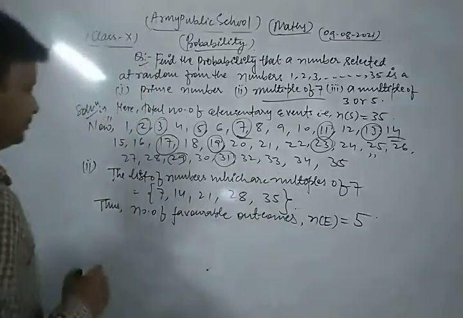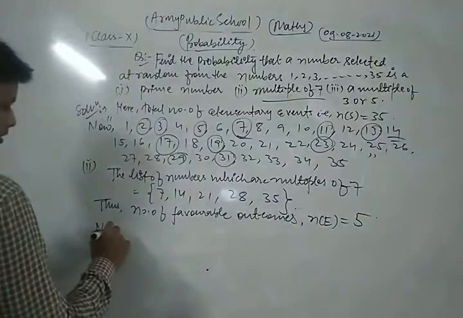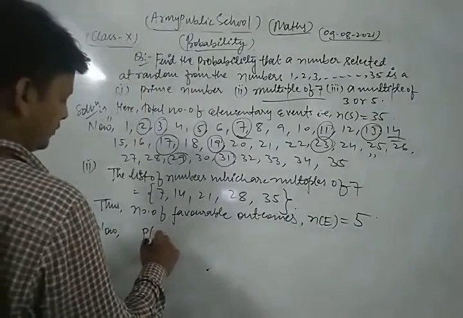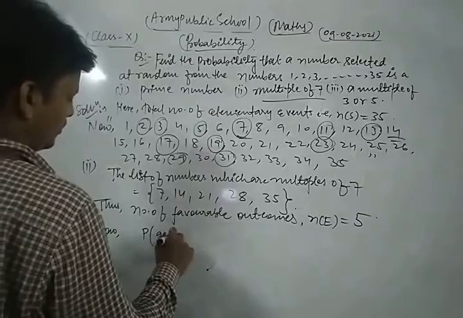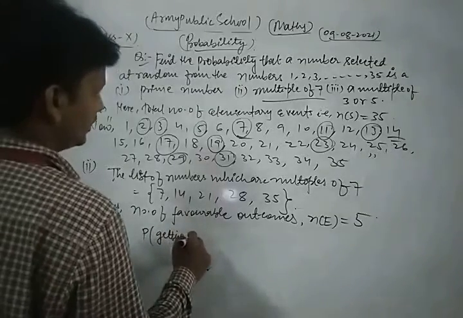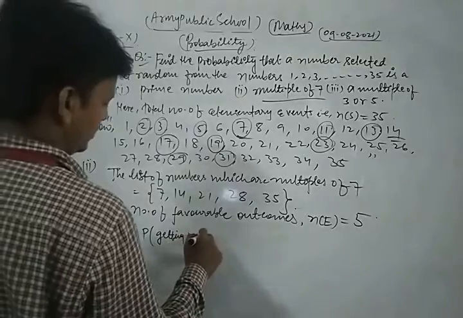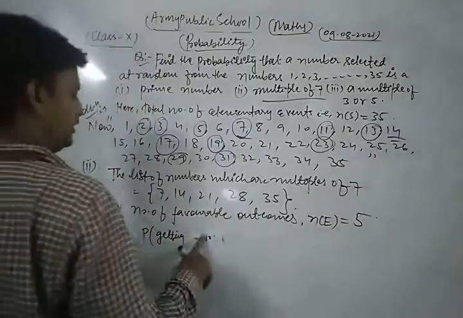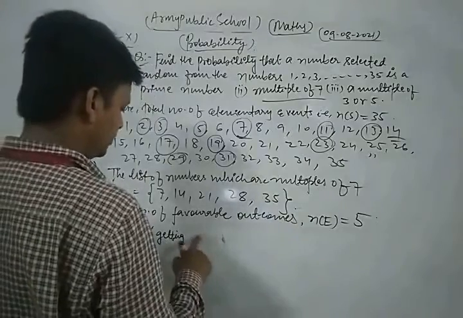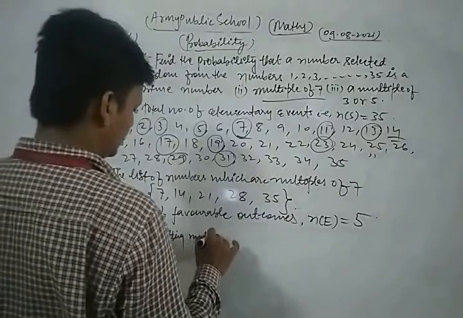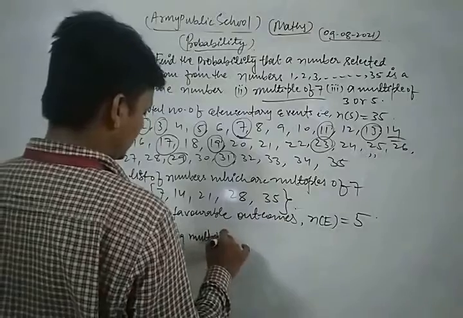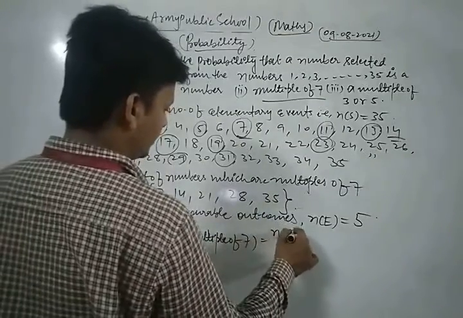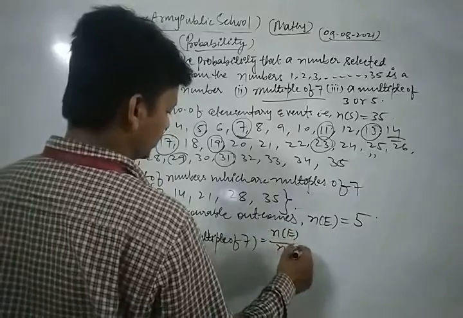So thus, now the probability of getting a number that is a multiple of 7 is what? Number of favorable outcomes upon all possible outcomes.